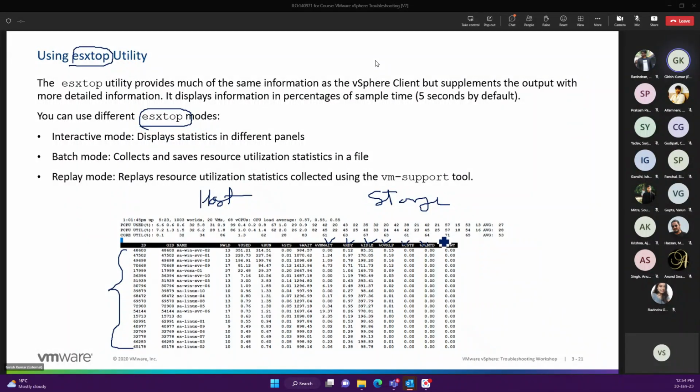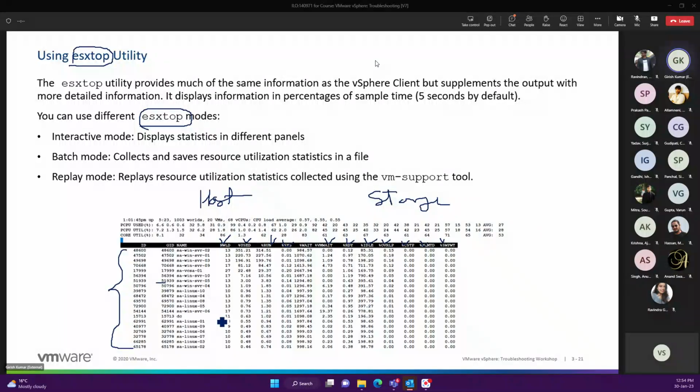These are all the CPU-related columns and metrics shown, whether at the individual VM level or the ESXi level, to show if CPU contention exists or not. Due to that, is my virtual machine affected, not getting the required CPU or not?